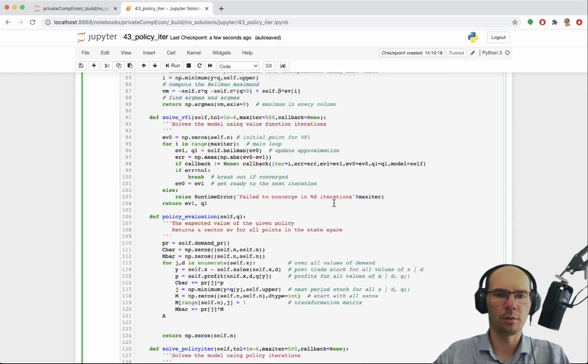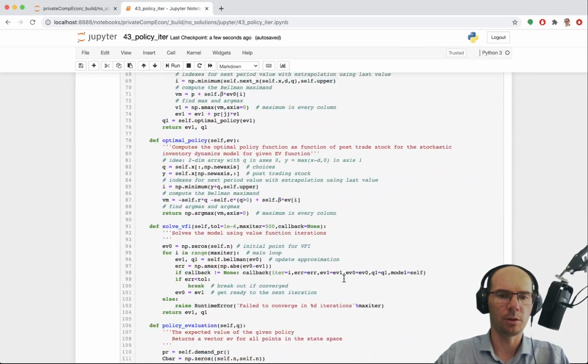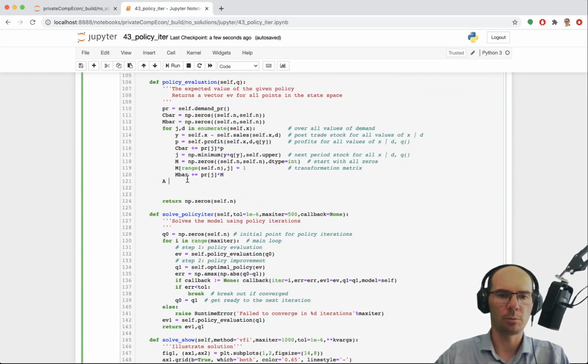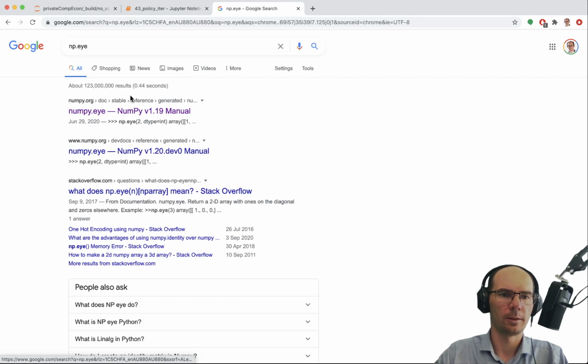And now we have to calculate the matrix, this one, which is the identity minus beta M bar. So let me call it A, and it's going to be equal NP, I? Do I remember this correctly? Yep.